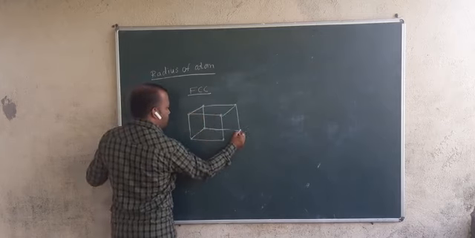If you are arranging it in this way, this empty space is called a void. So how efficiently you arrange these laddus, how to calculate it? First we will calculate the volume of this complete box, that is the volume of the unit cell, then the volume occupied by these laddus. By that you will get how efficiently you arranged it.